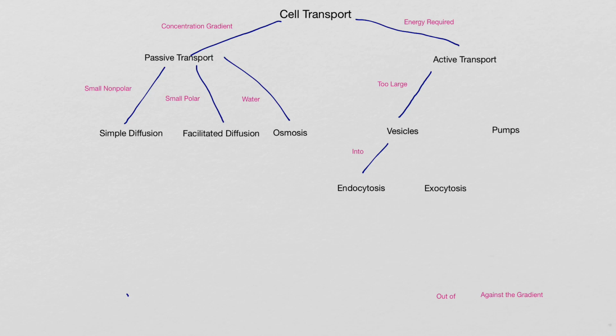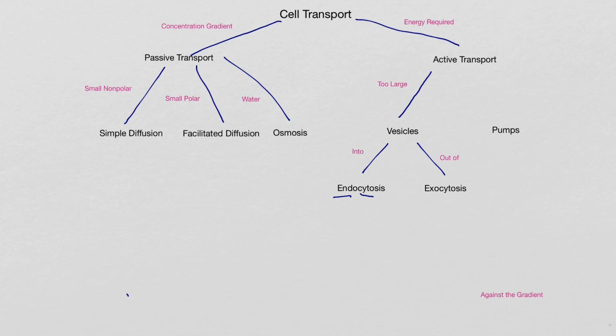So endo is going to mean into, cyto means cell. So it's going into the cell. Now, if we are on the other side, and we're talking about exocytosis, exocytosis is going to move out of the cell.